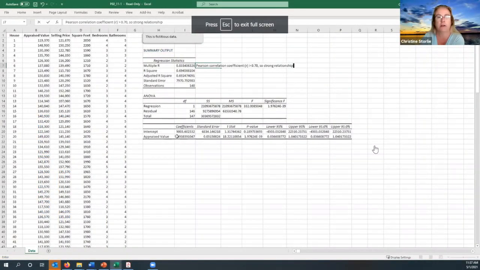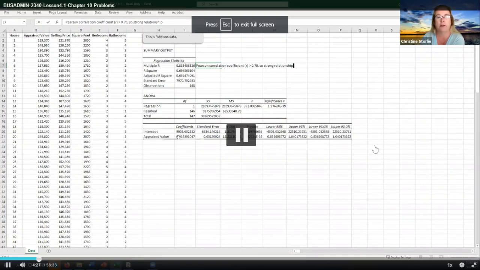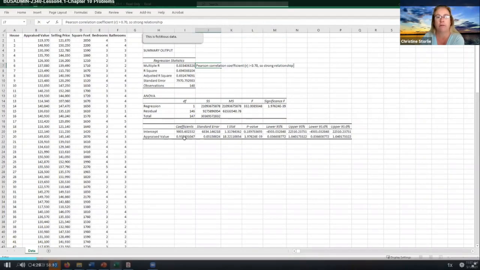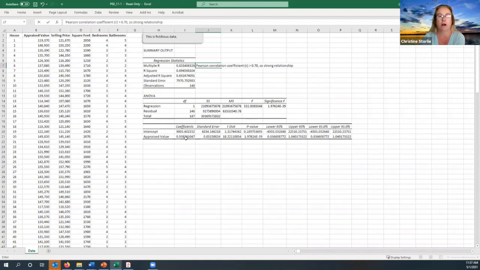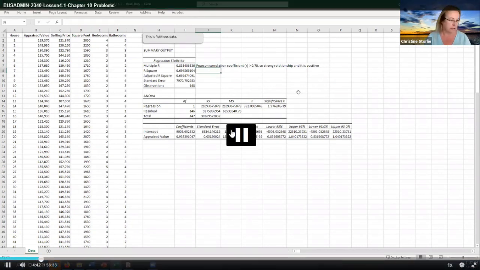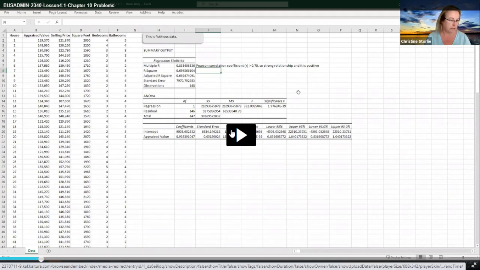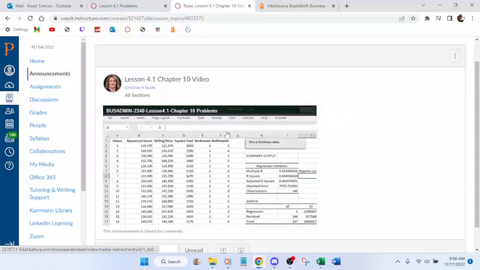When we look down here at the appraised value, this is a positive 0.93, so it means that we're moving up to the right. The next thing they asked about, and it is positive.